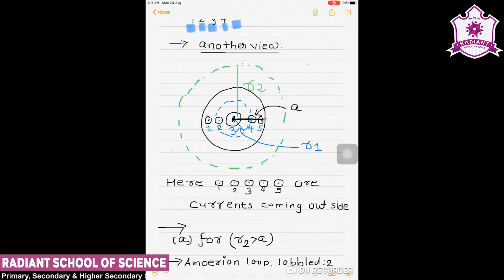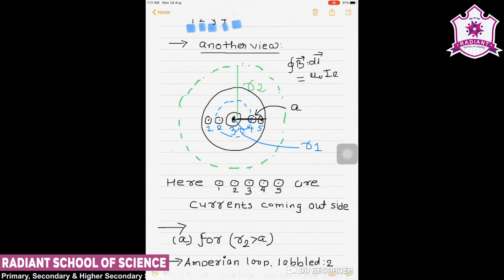As per Amperian circuital law, we know that our main equation is simple: the integration of B dot dl on a closed loop is equal to mu 0 into I, which is enclosed by the loop. So we will apply this equation and find the magnetic field.